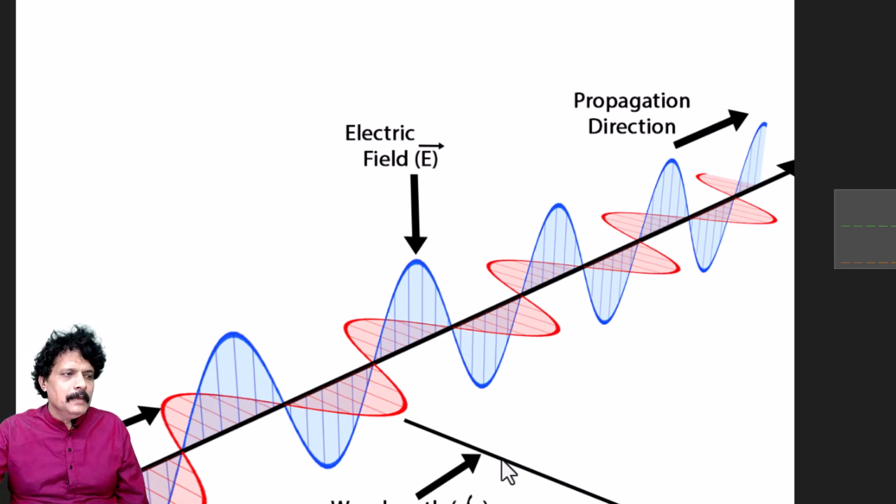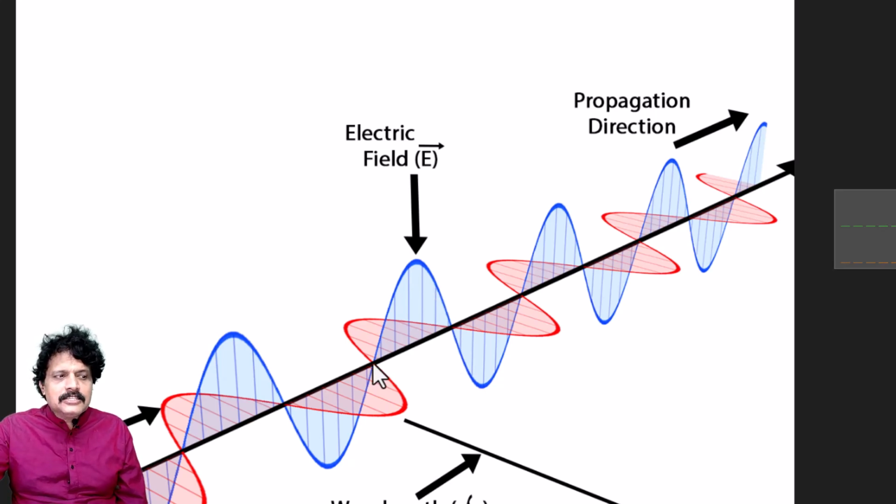If you see the image here, this blue represents the electric wave and red represents the magnetic wave, and these two waves run perpendicular to each other. Now here you can see that the electric wave starts from 0, reaches a peak, comes down, reaches the peak on the other side and again comes down, and this we call a wave.